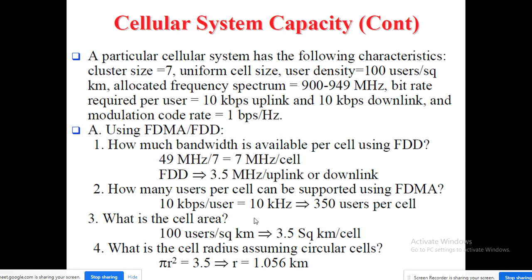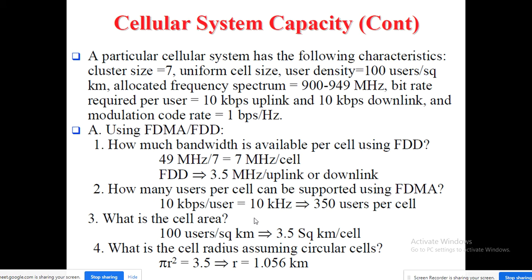So how much bandwidth is available per cell using FDD? Right, maximum that you could run with some divisions, multiplications. That's all, not more than that. So whenever you are going to perform that, make sure that you are going to work with some standard units, SI units. So do not deviate from that. So how to compute the radius? Basic thing, area of square. That's all. Right?